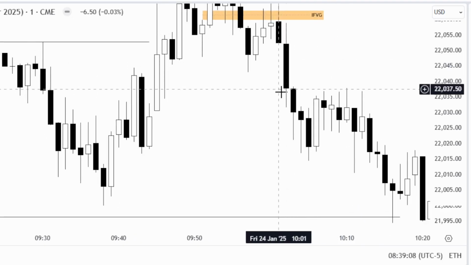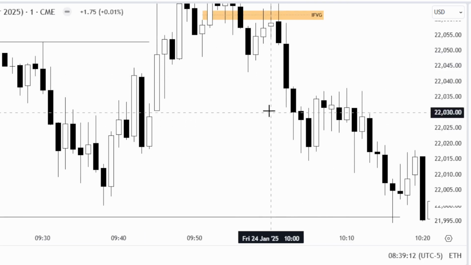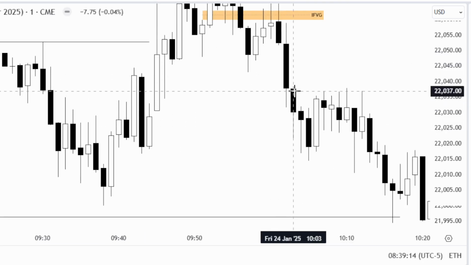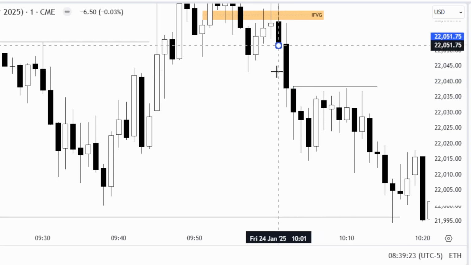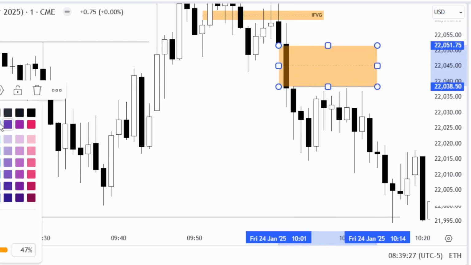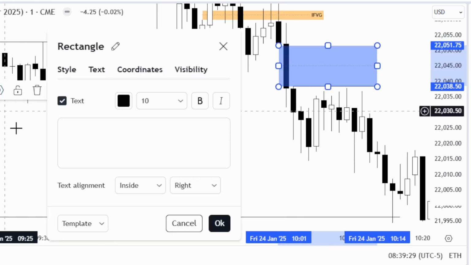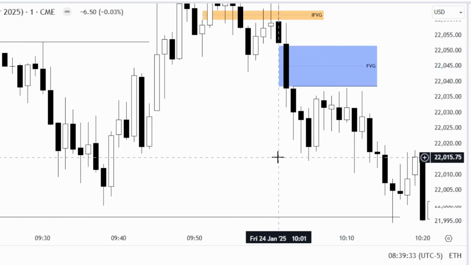There's a fair value gap, so there is liquidity down here. So that's the other thing, we use IFVGs or fair value gaps as liquidity, and that is something that did not play out on Friday, because maybe it was Friday, maybe they're leaving it for some other day.